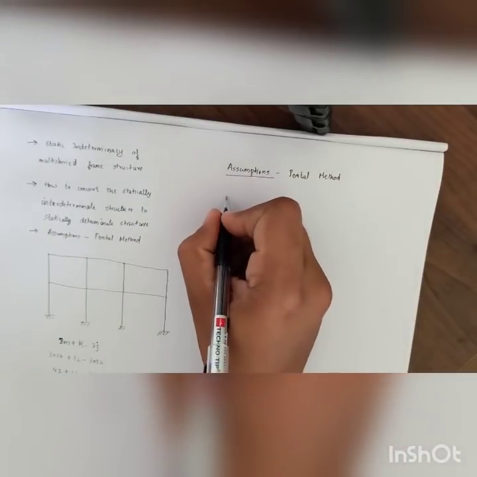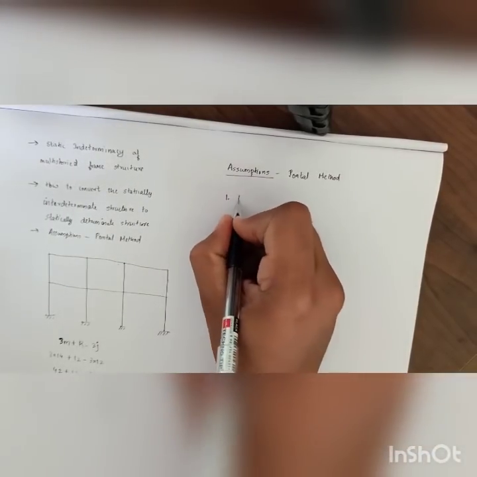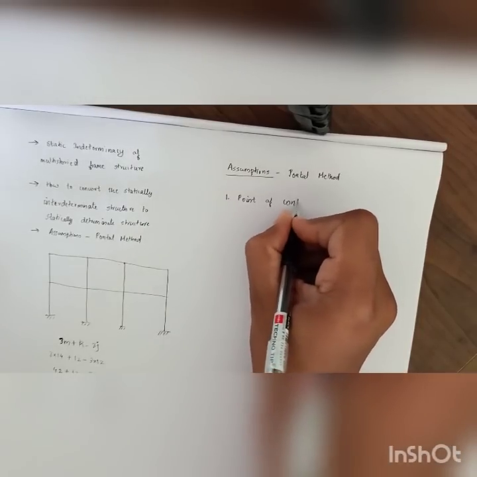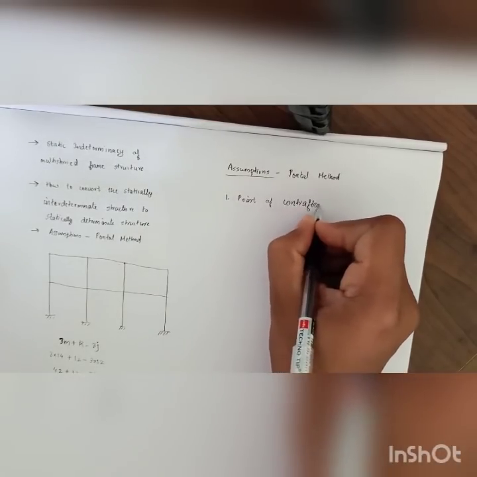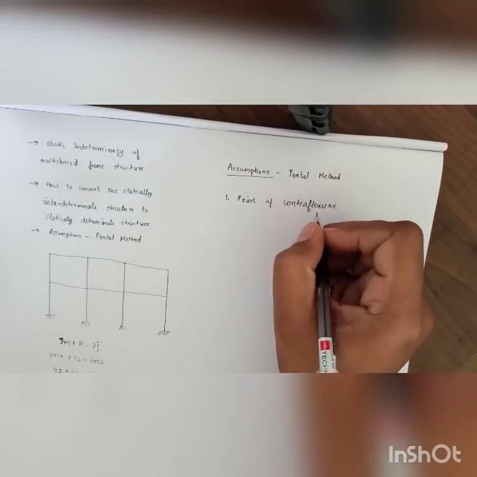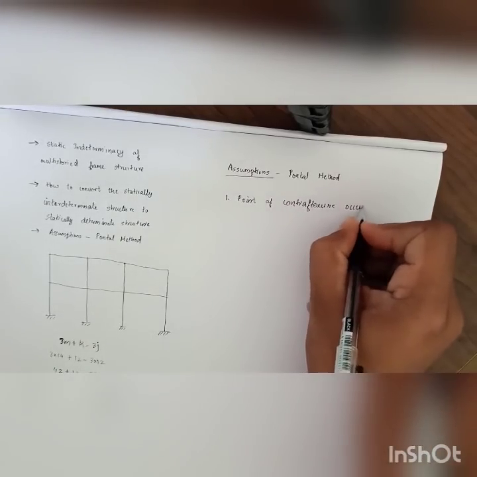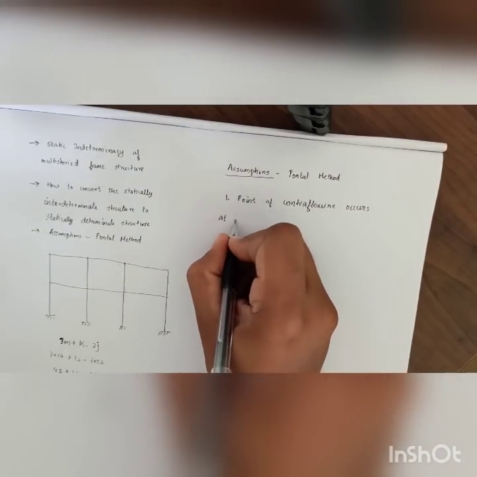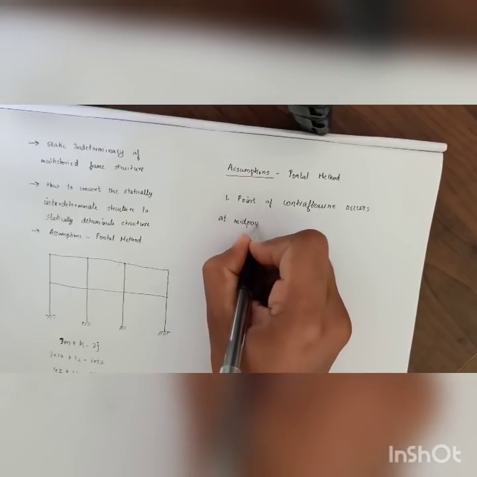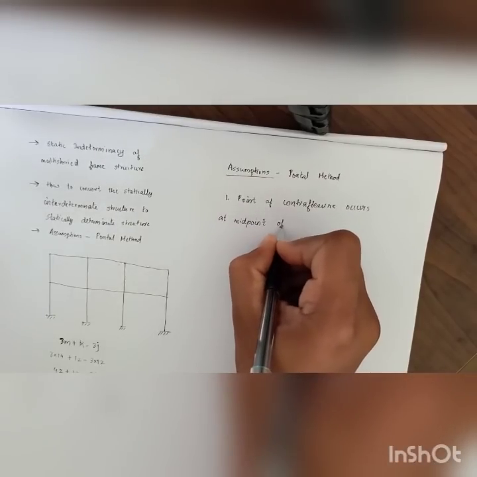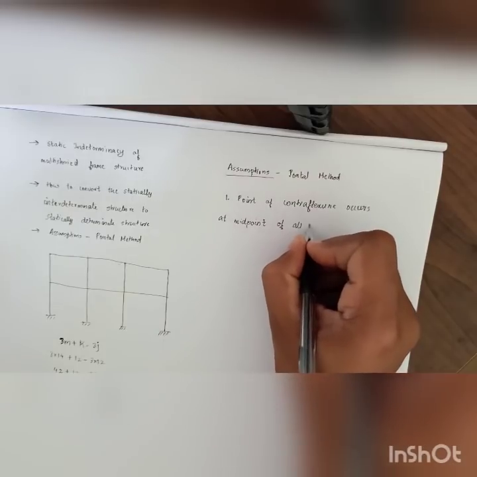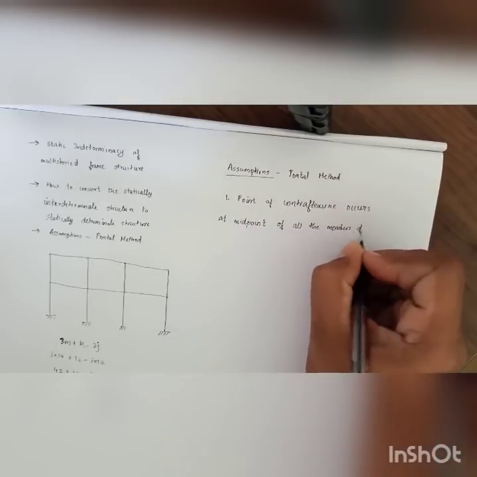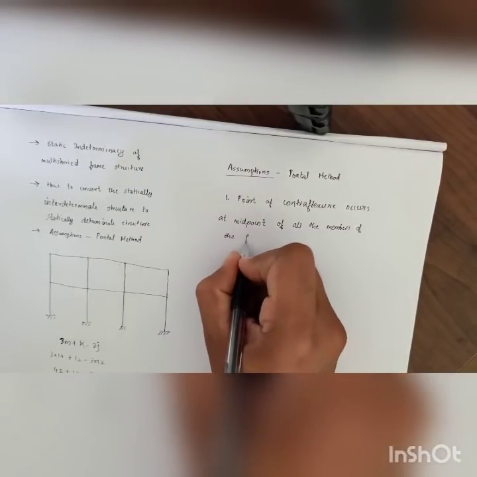So the first assumption is that the point of contraflexure occurs at the midpoint of all the members of the frame.